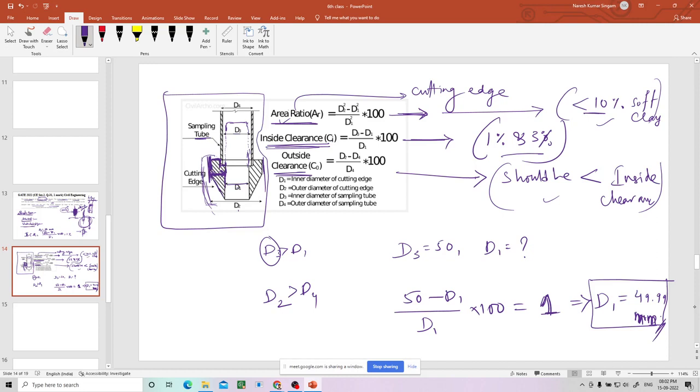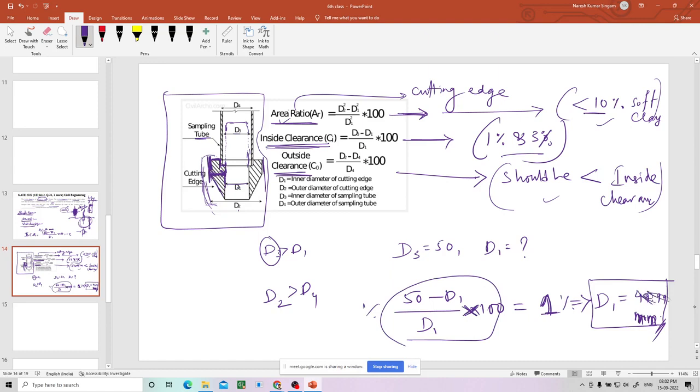If you put 1 by 100, that means it is not a percentage. Then you should not use this 100 here. Suppose you are already multiplying by 100, that means this is all percentage. So this is also percent.